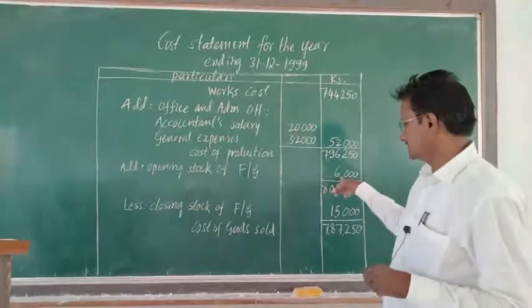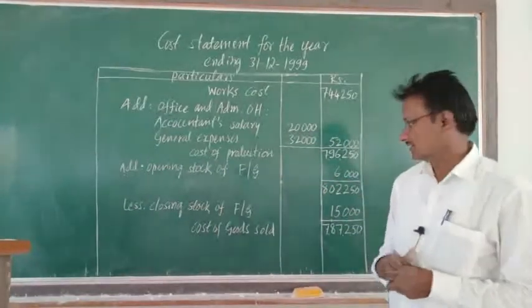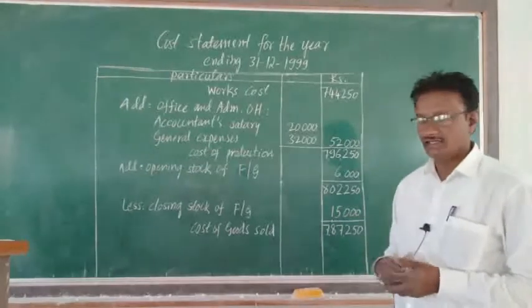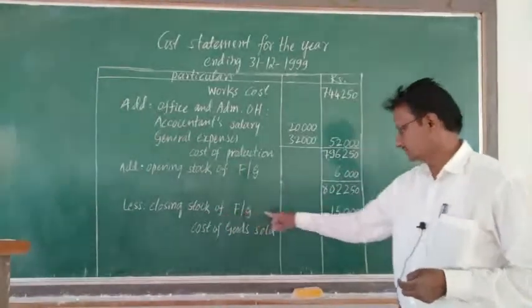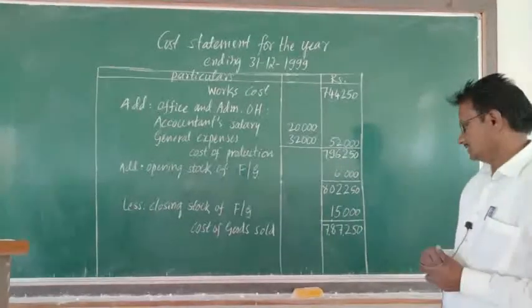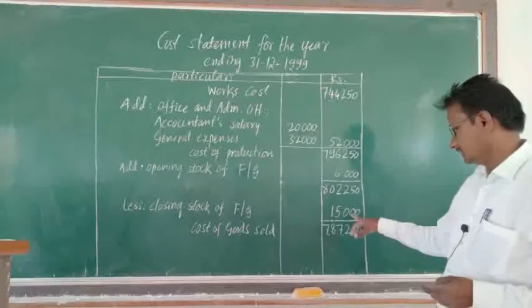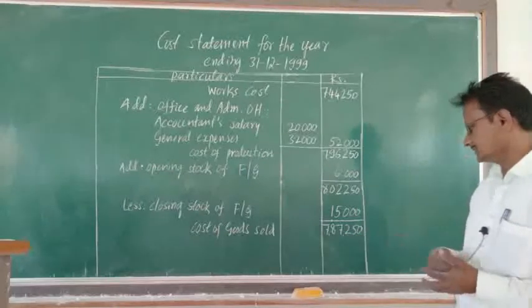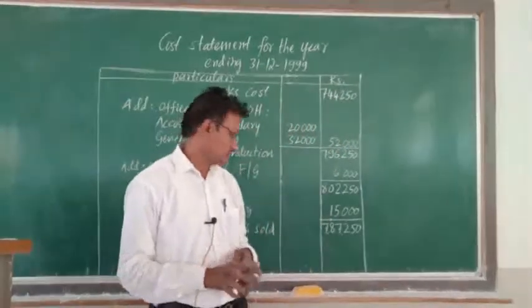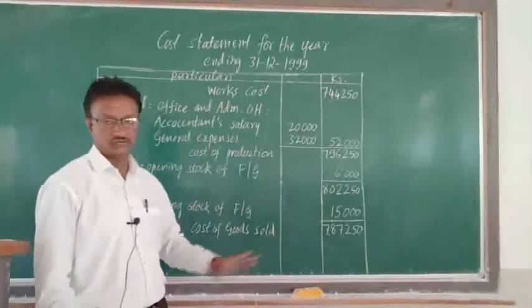It is given 6,000, and total is 8,02,250, and less closing stock of finished goods. It is given 15,000, and the remaining figure is 7,87,250. It is called cost of goods sold.